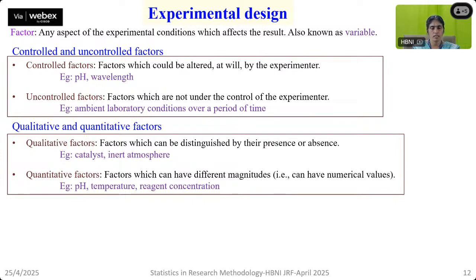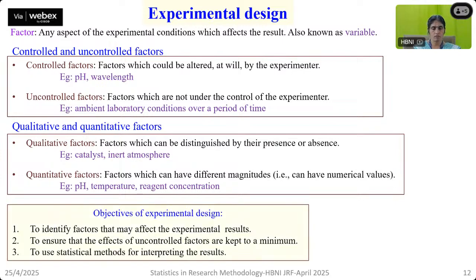Maybe the yield will be increased by 50%. That way, the parameter which has a magnitude and which will affect the result in that proportion is called a quantitative factor. So the factors may be controlled or uncontrolled, qualitative or quantitative.